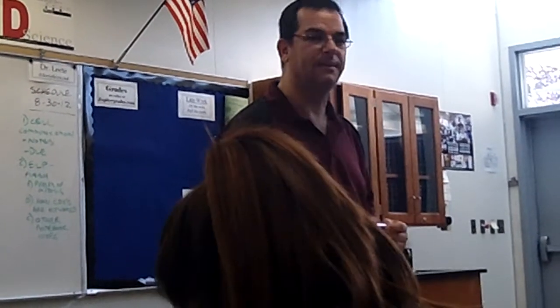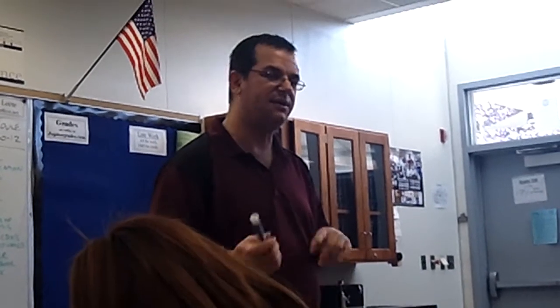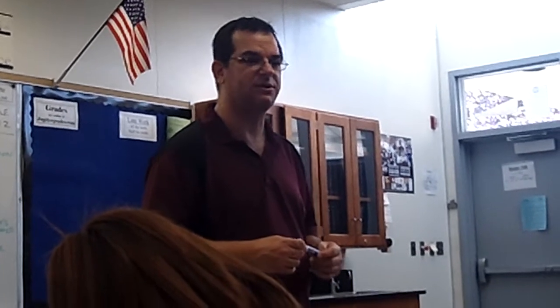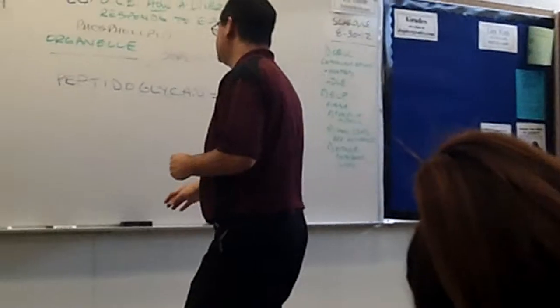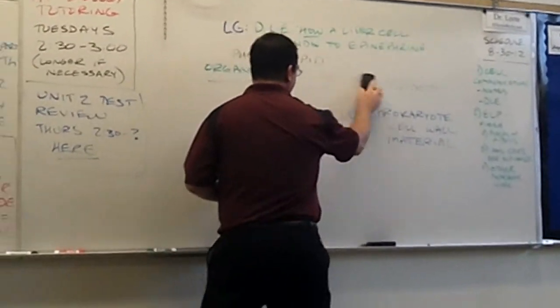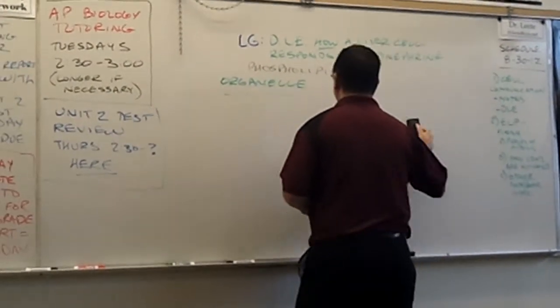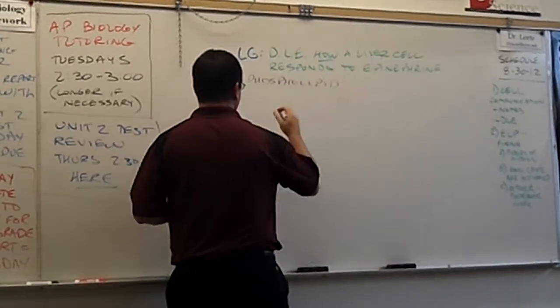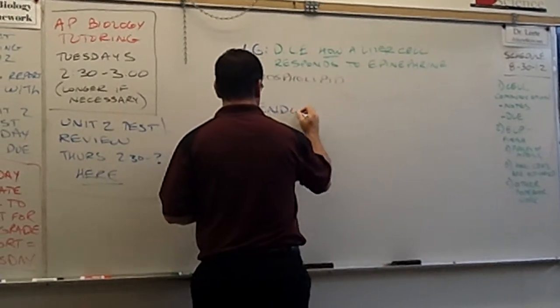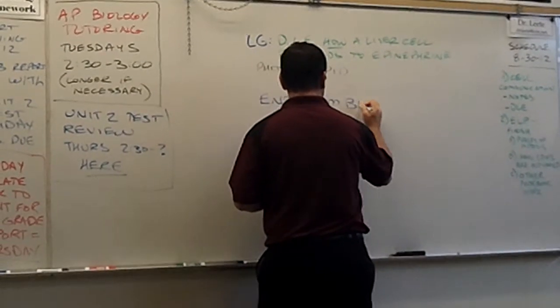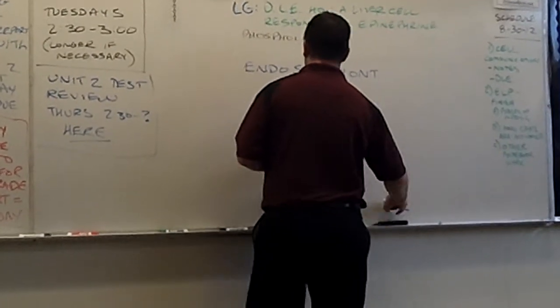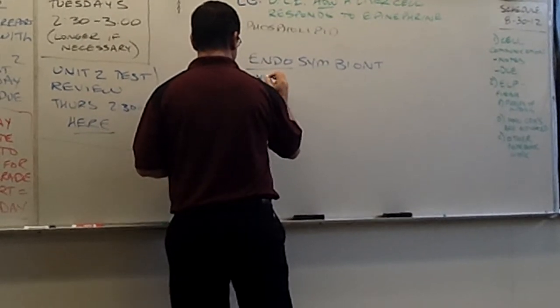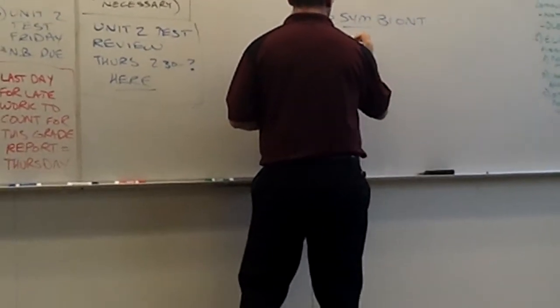What was it? Can you repeat that? So that later they moved into eukaryotic cells and became internal symbionts or endosymbionts. Do we have to know how they got into the cell?